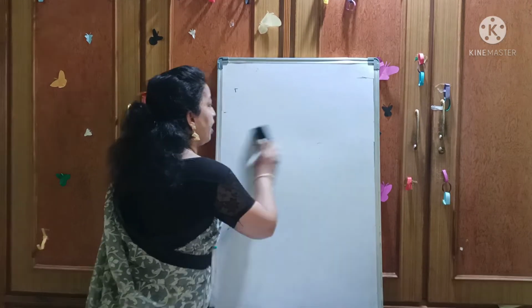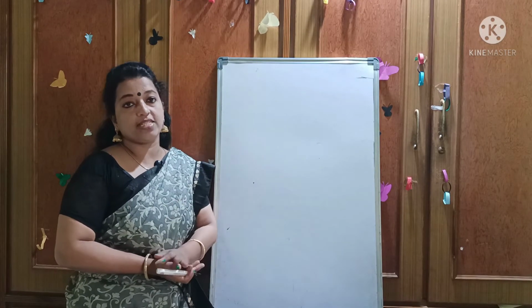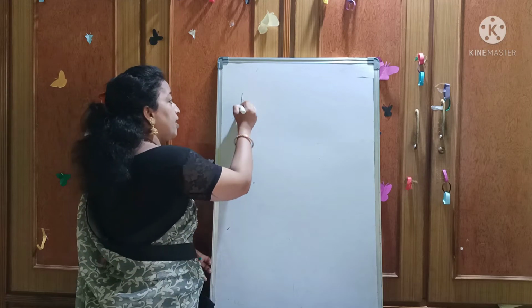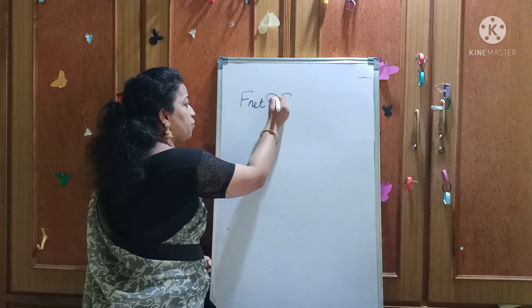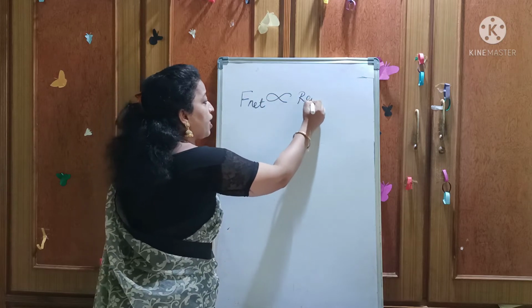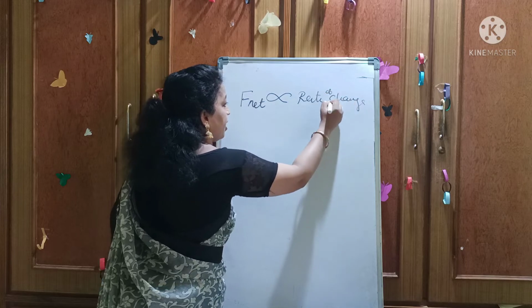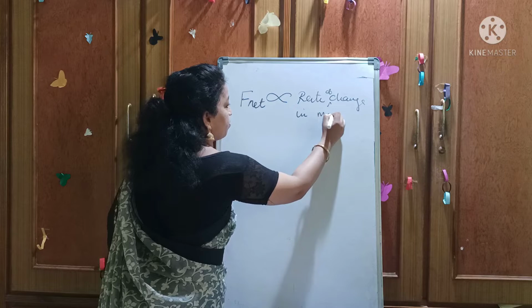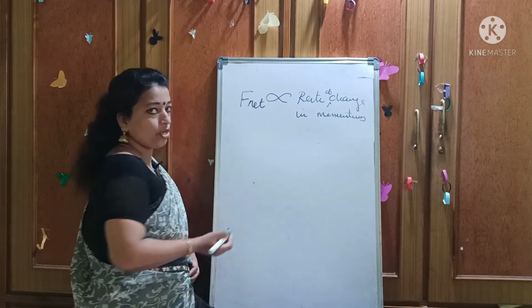From these two cases, I am going to define Newton's second law of motion. That is, net force is directly proportional to the rate of change in momentum. Directly proportional, you know that.